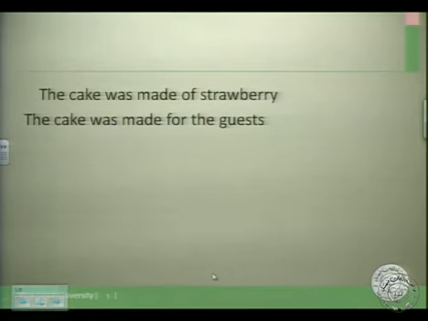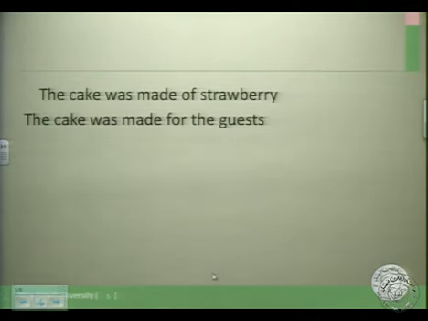Why? Probably because it is known to us who made the cake. We are, for example, on a trip, or we are a family in a house, and we already know who made the cake. So it's not necessary that we use the doer of the sentence.